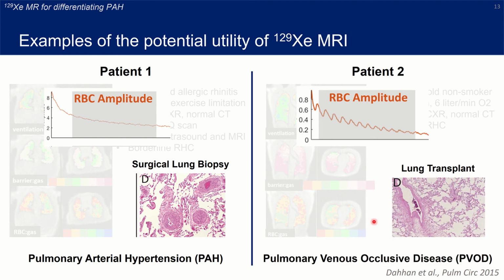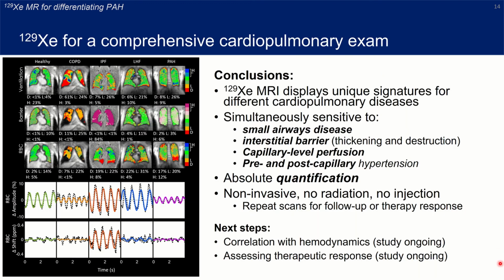While the second patient developed worsening hypoxemia to the point where she required a lung transplant. And on explant, her sample demonstrated pulmonary venous occlusive disease. This is a very rare disease of the pulmonary veins that causes occlusions. And again, with this downstream obstruction of blood flow, she ended up with these markedly increased amplitudes in her cardiogenic oscillations. And we've published these two case reports.